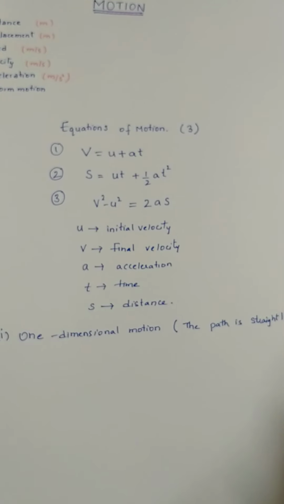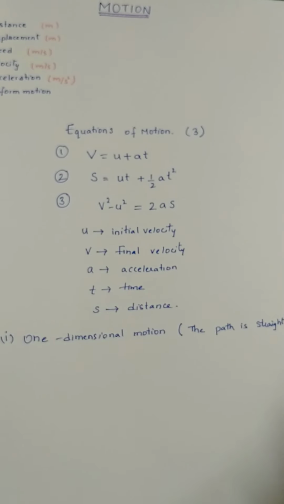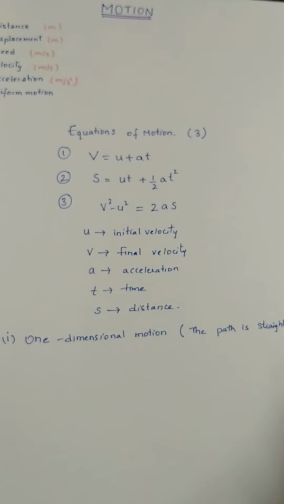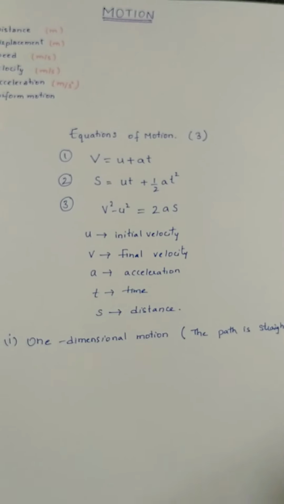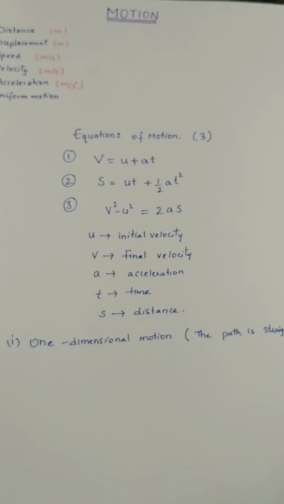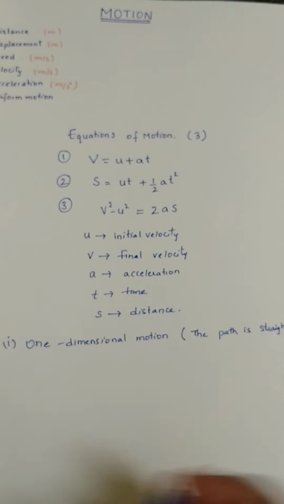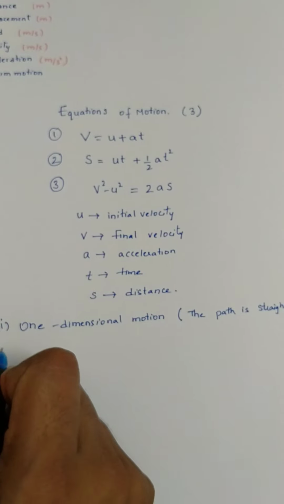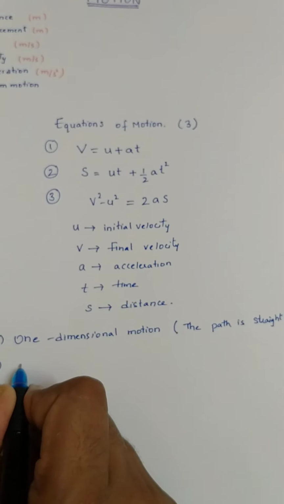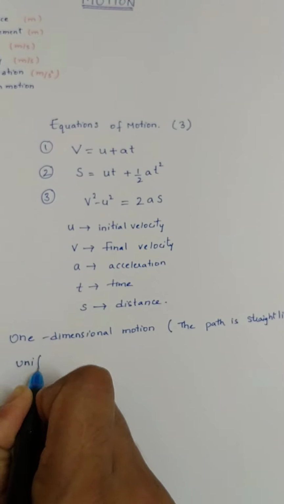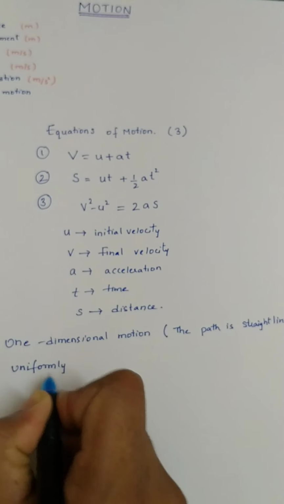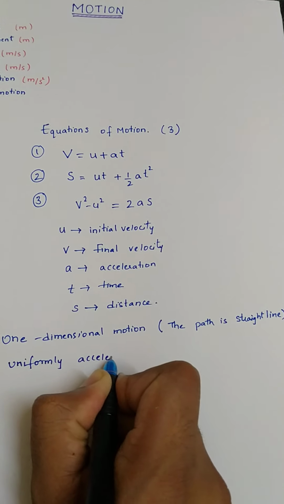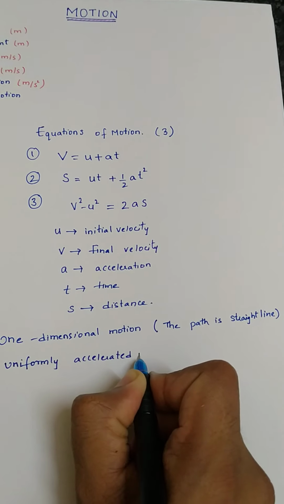For example, you throw a ball into the air. You are throwing it in a curved path, so you cannot use these equations. Only when it is a straight line can you use them. And the other condition being that the acceleration is uniform. So I'll write uniformly accelerated motion.